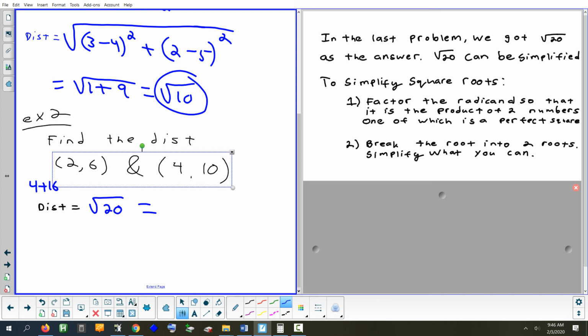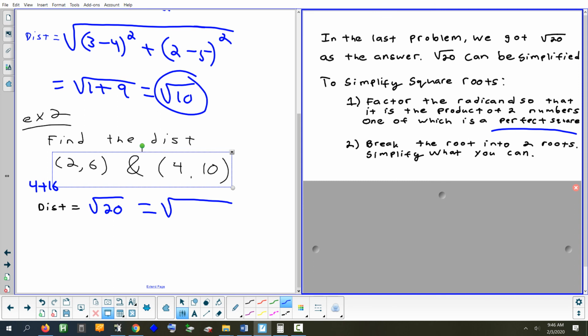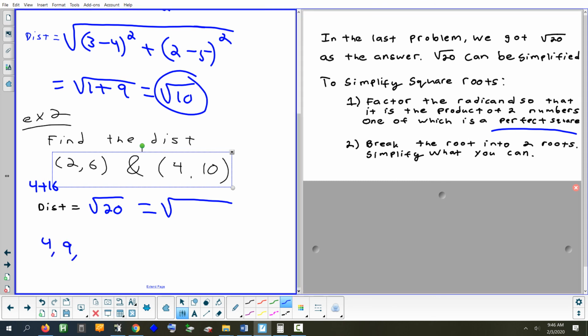So the idea is to factor the number that you're trying to simplify. So it's something times something. One of the numbers has to be a perfect square. Remember, perfect squares are numbers like 4, 9, 16, 25, 36.